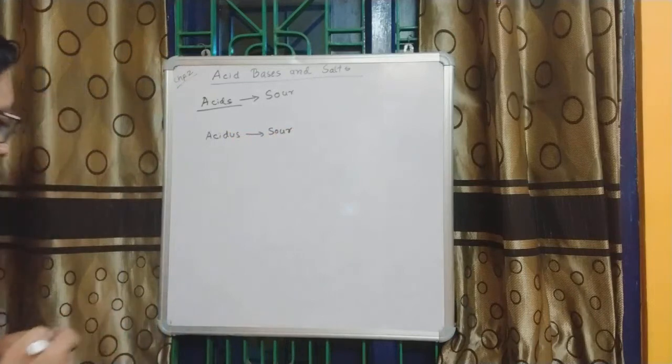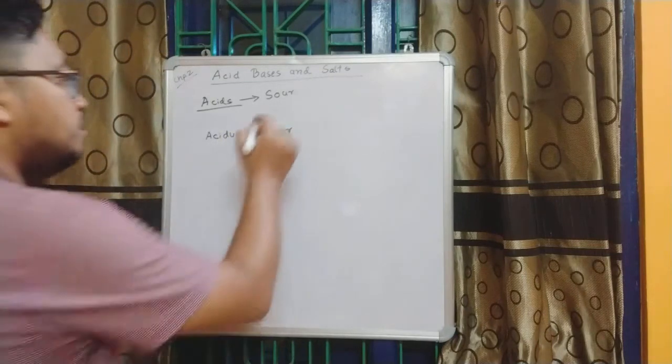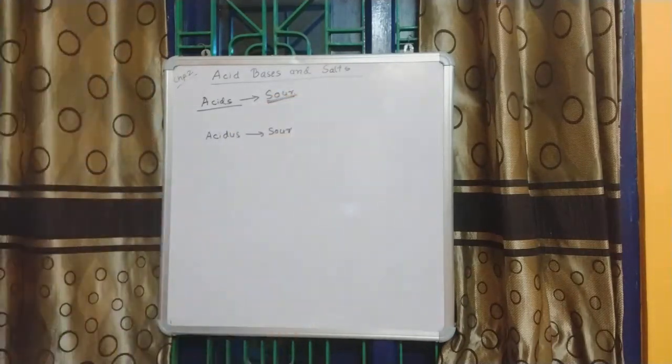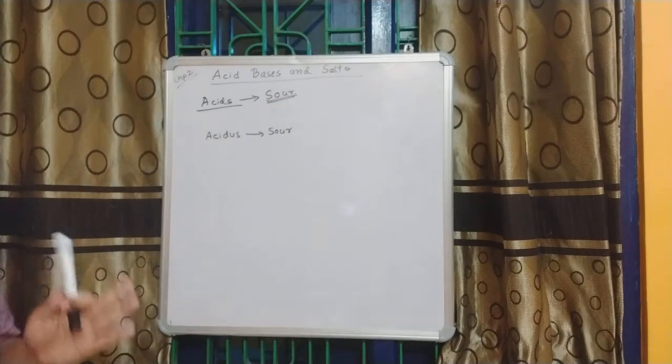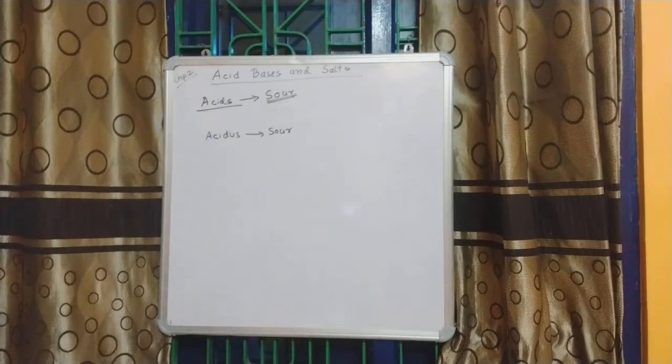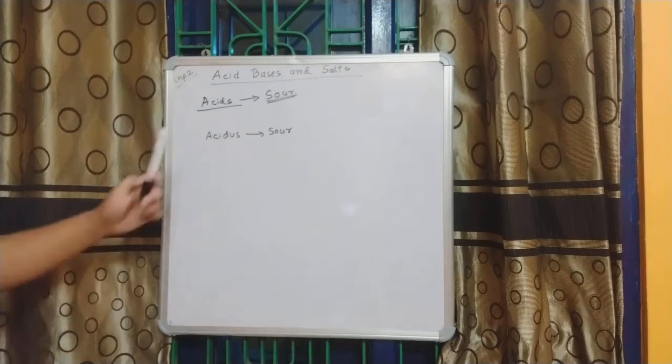But the question is, is this the only property which defines the acidic nature? Can we identify all substances present on earth by tasting them? No, we cannot do it. Yes, there are some substances which we can taste, and we can identify whether they taste sour or bitter, and based on the taste we can identify the substance.